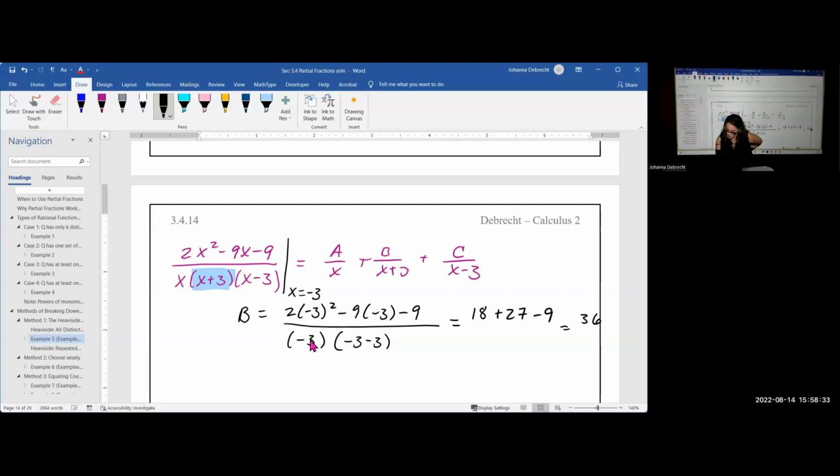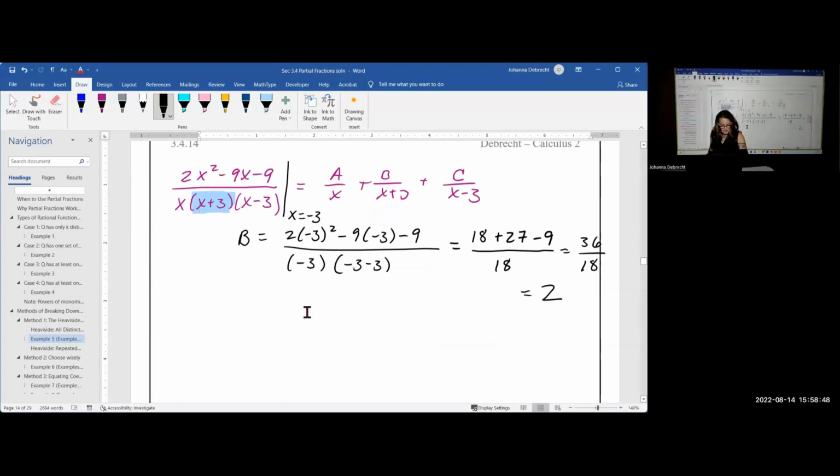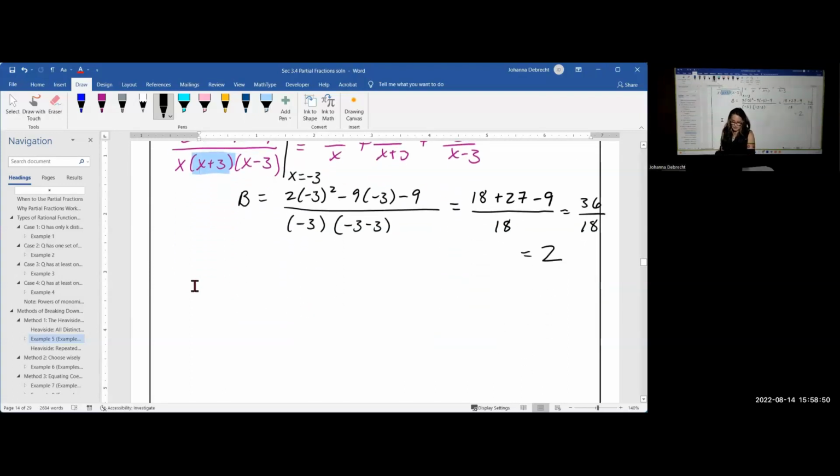Is that what you're getting? I hope so. And then in the denominator, I have negative 3 times negative 6, which is 18, I believe. And 36 divided by 18 is 2. So B is 2.